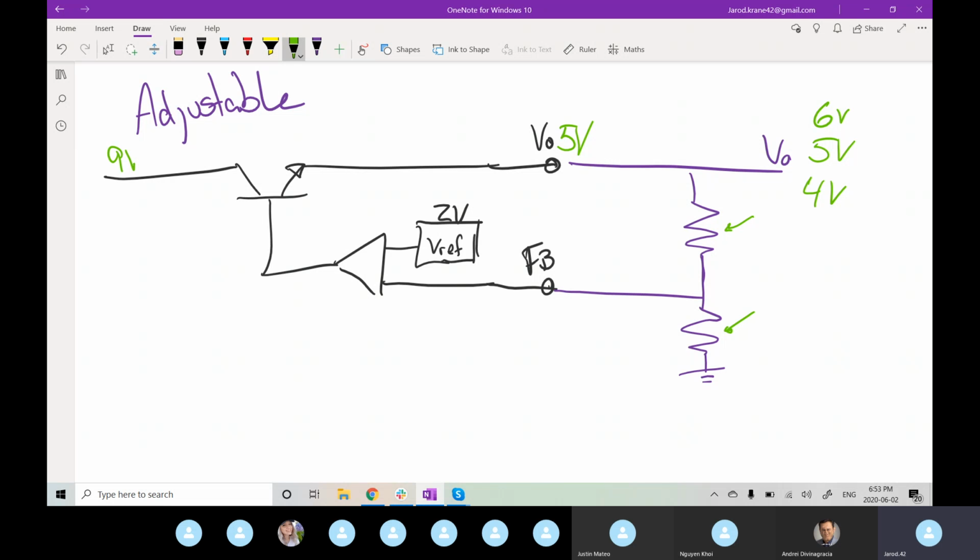So with an adjustable linear regulator, we choose the resistors that are tied to this and that are tied to the feedback pin, so that the range is at our control now.